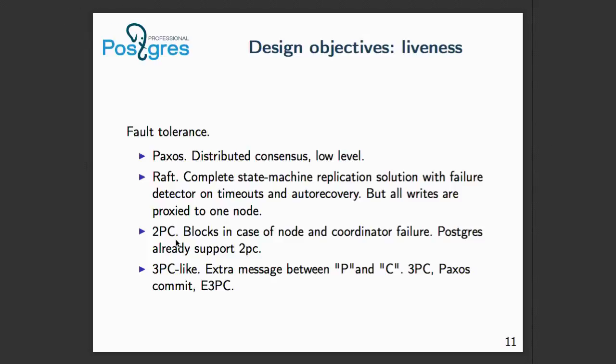Actually, 3PC is blocking. There is one situation where it can block, but all those algorithms in the sense of communication delay are the same. So you will wait, you need to wait like 2 round trips.